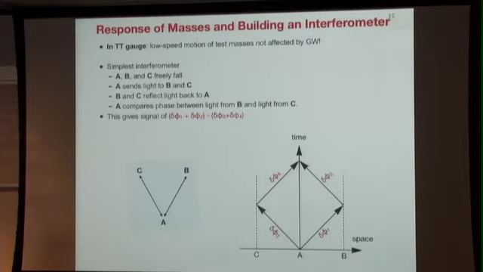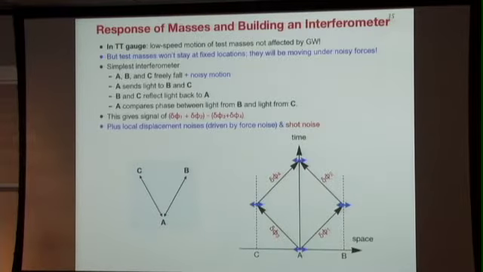I compare the phase here, and then I can obtain the phase shift. Here I do the calculation just using my integrals, phase modulation due to gravitational waves. I can get my sensitivity. But of course, the problem is the test masses are not affected by gravitational waves, but they're still affected by the noisy forces.